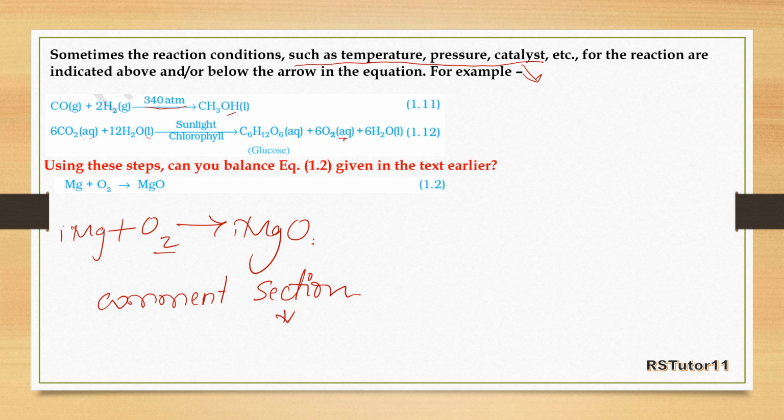So how will you write it? The LHS side has 2 atoms of oxygen, so it will be MgO2. And now is it balanced? 1 Mg plus O2, that is MgO2. So I have just explained. You have to comment the answer.